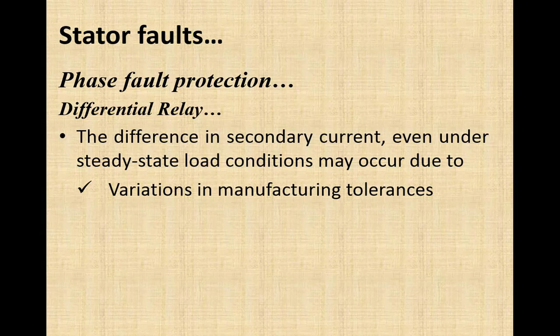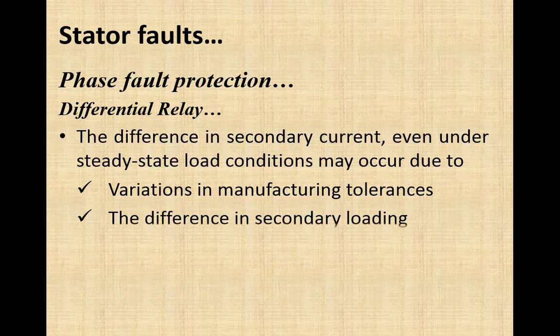No matter which technology has been used to develop those CTs, there will always be a difference between two similar CTs. The difference in the secondary loading means the load meters or relay that we have connected on the secondary side of the CT could be different, and we know that the steady state response or performance of a CT depends upon its burden.